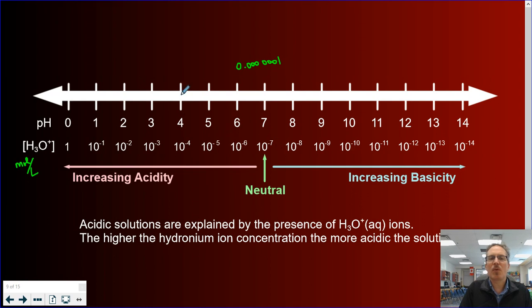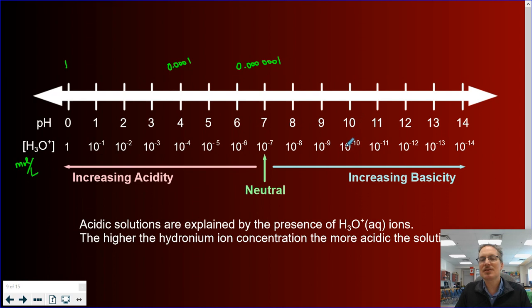Well, 1 times 10 to the negative 4 is actually 0.0001 moles per liter. Again, a pH of 0 is 10 to the negative 0, which, if you tried it on your calculator, is just a 1.